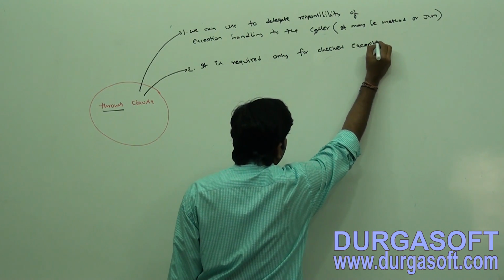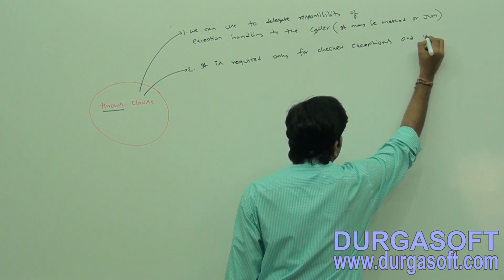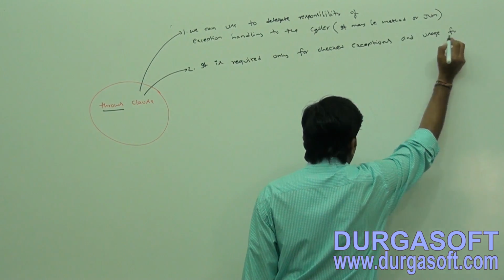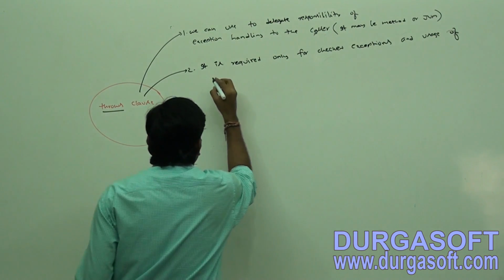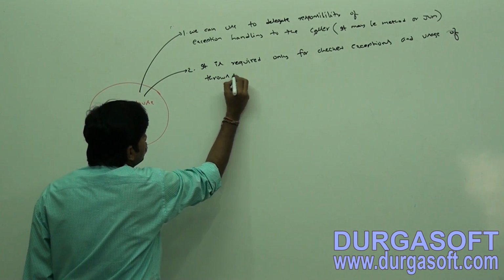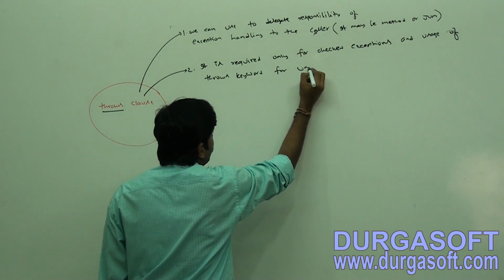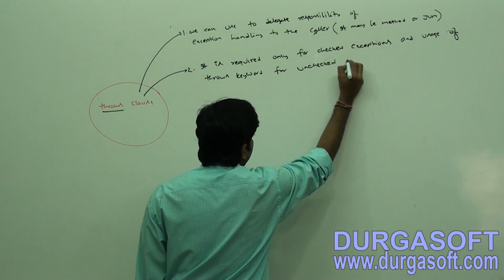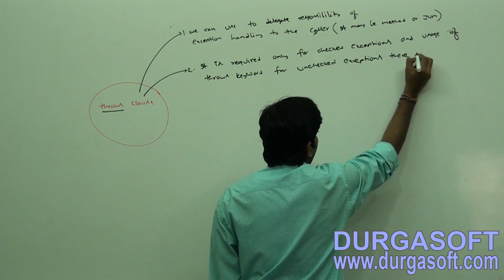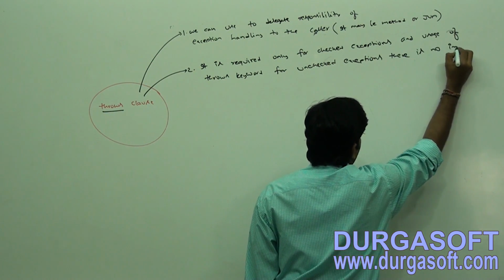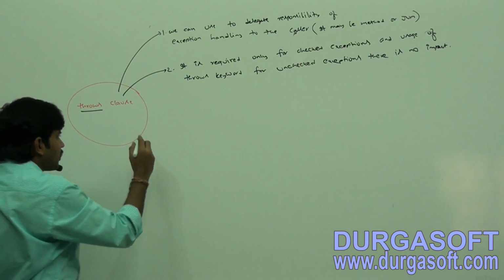Usage of the throws keyword for unchecked exceptions has no use. It is required only for checked exceptions, and usage of the throws keyword for unchecked exceptions has no impact.